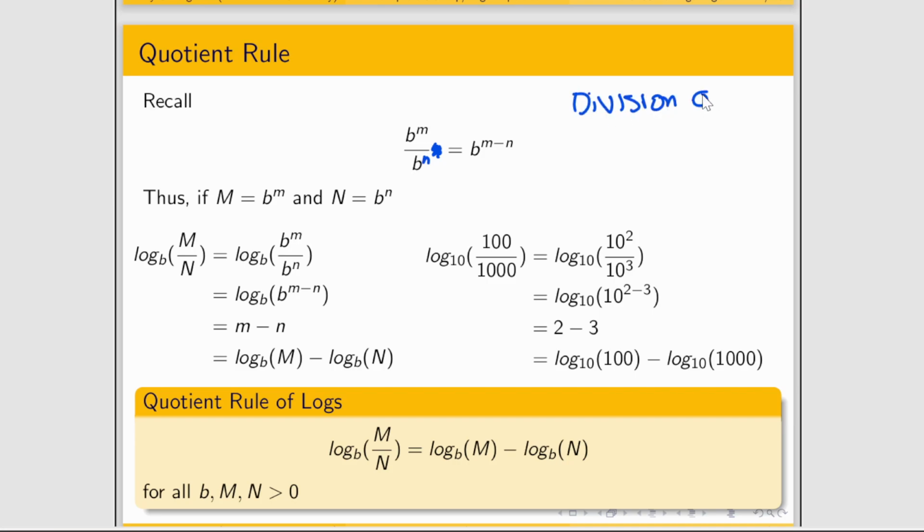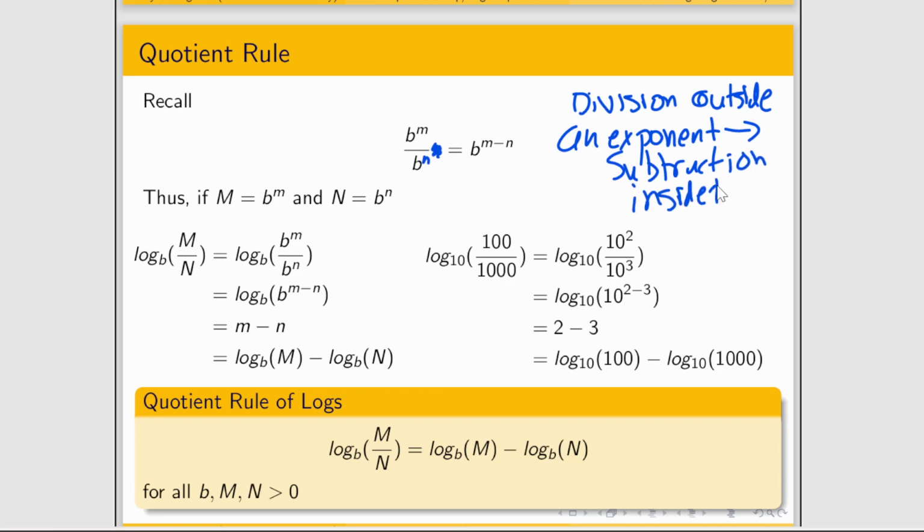Division outside an exponent becomes subtraction inside the exponent. So similarly for logs, division inside the log becomes subtraction outside the log.